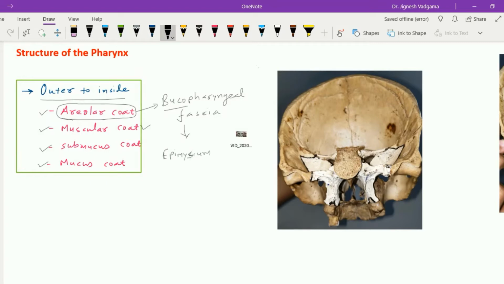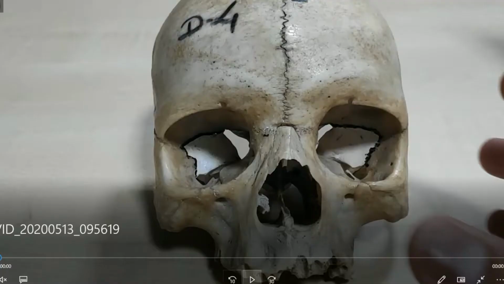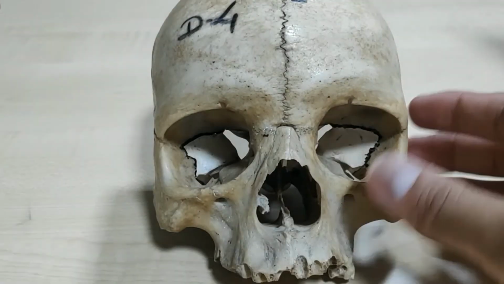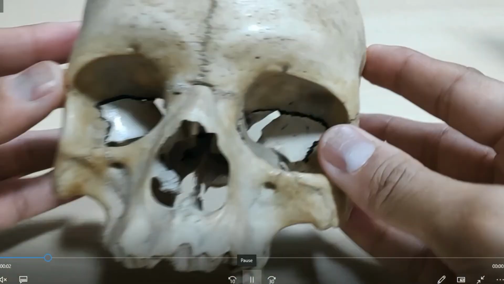Now, before going into detail of the muscular coat of the pharynx, let's see some important structures related to the attachment of this muscle coat. This muscle coat is the main bulk of the pharyngeal wall. Here, this is the front of the skull.